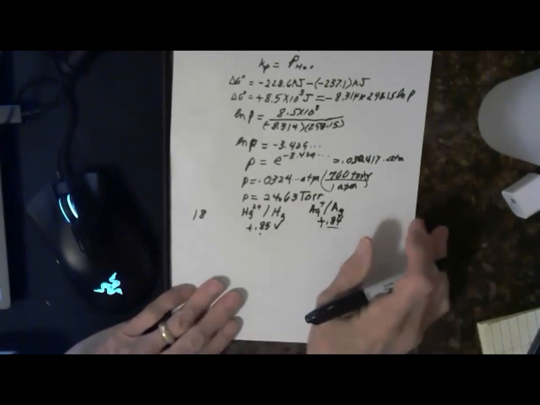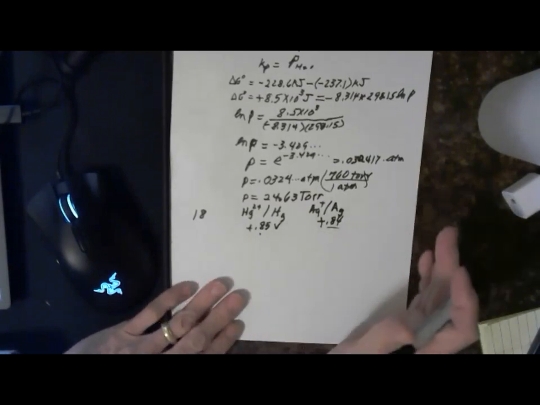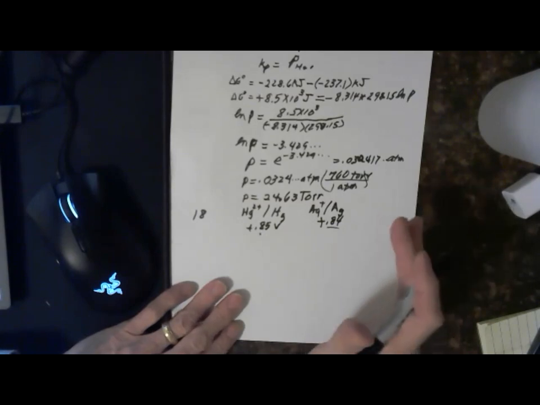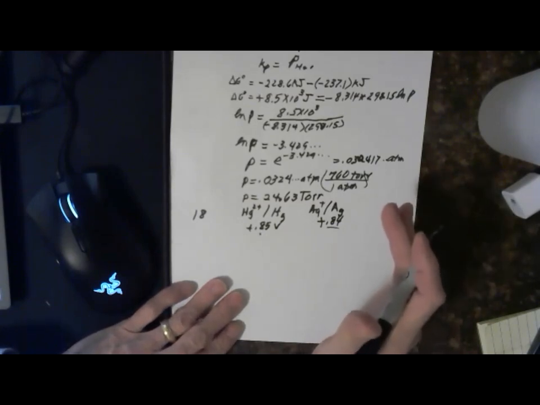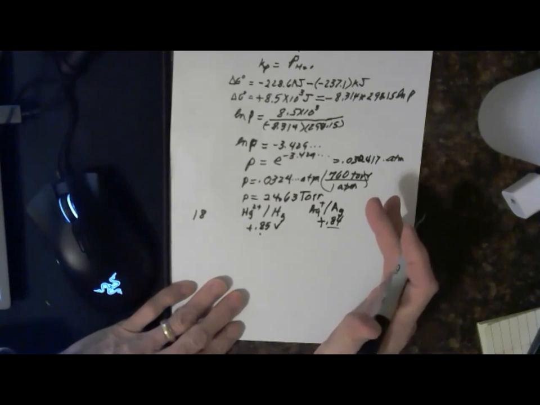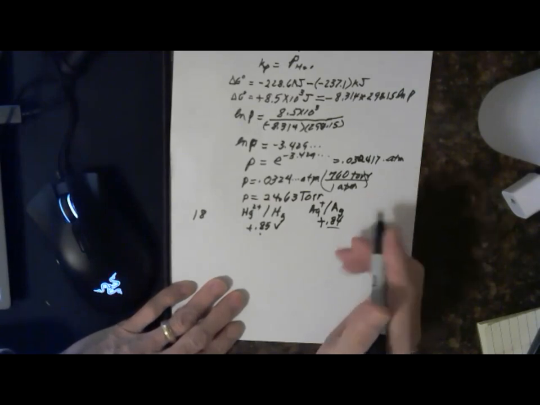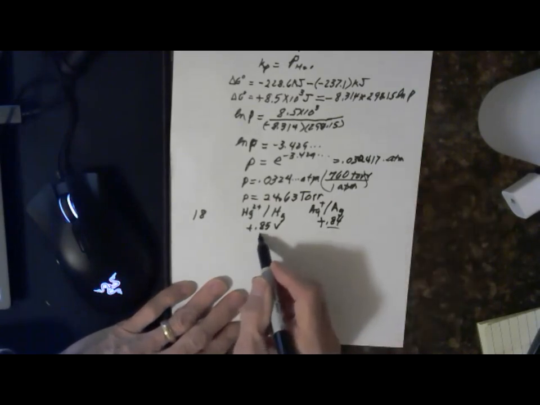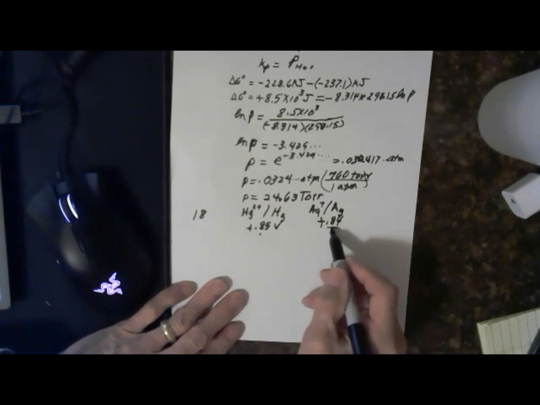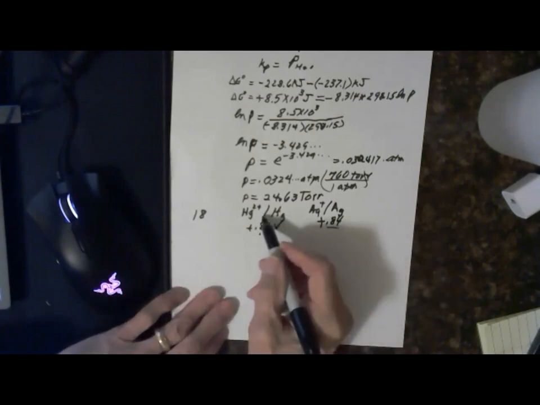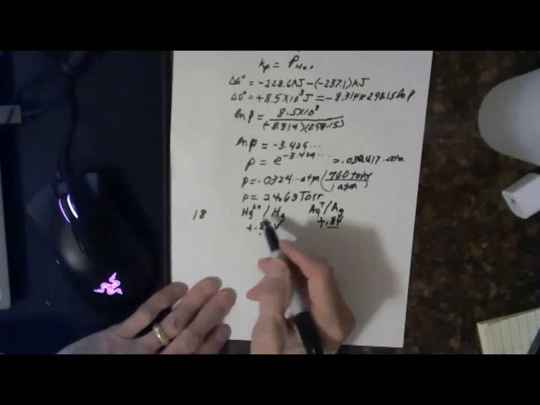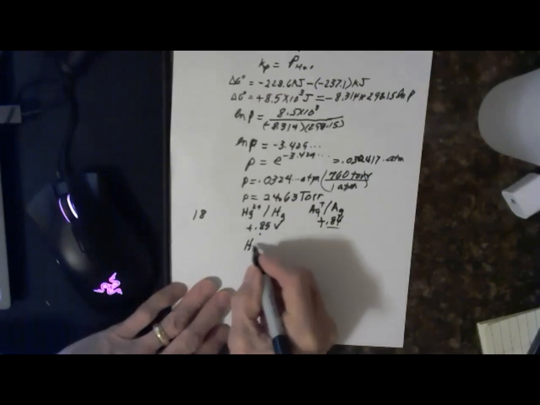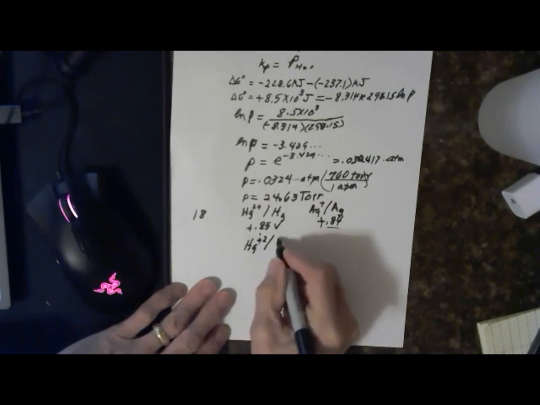So I've got to turn one of these around. If I want to keep a positive voltage, it did say when it's spontaneous, voltage has to be positive to be spontaneous. So what I want to do is take this one and subtract this one. So the reduction potential will be the mercury. So it's going to be Hg 2 plus, Hg.